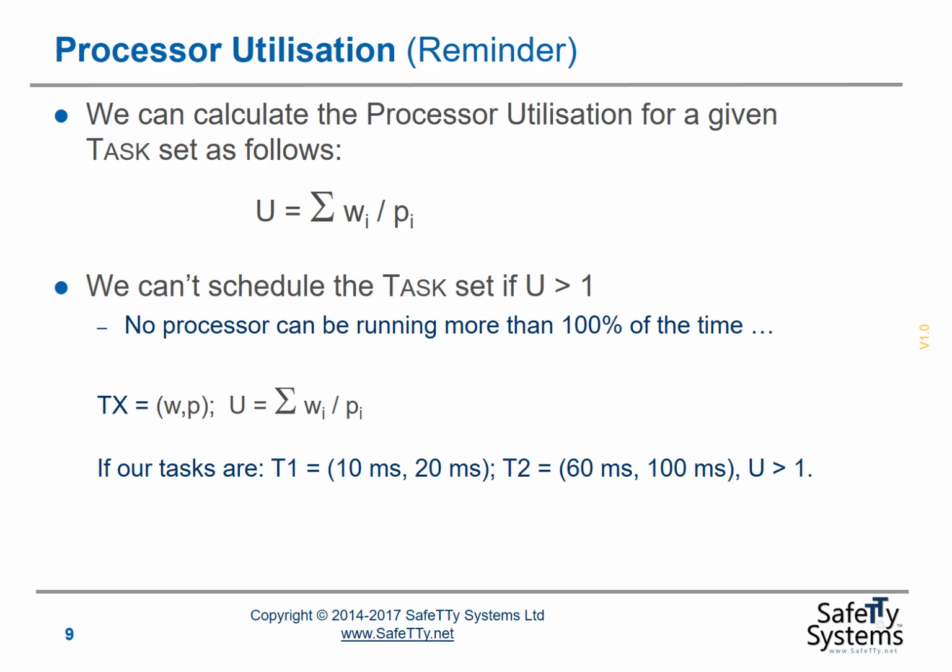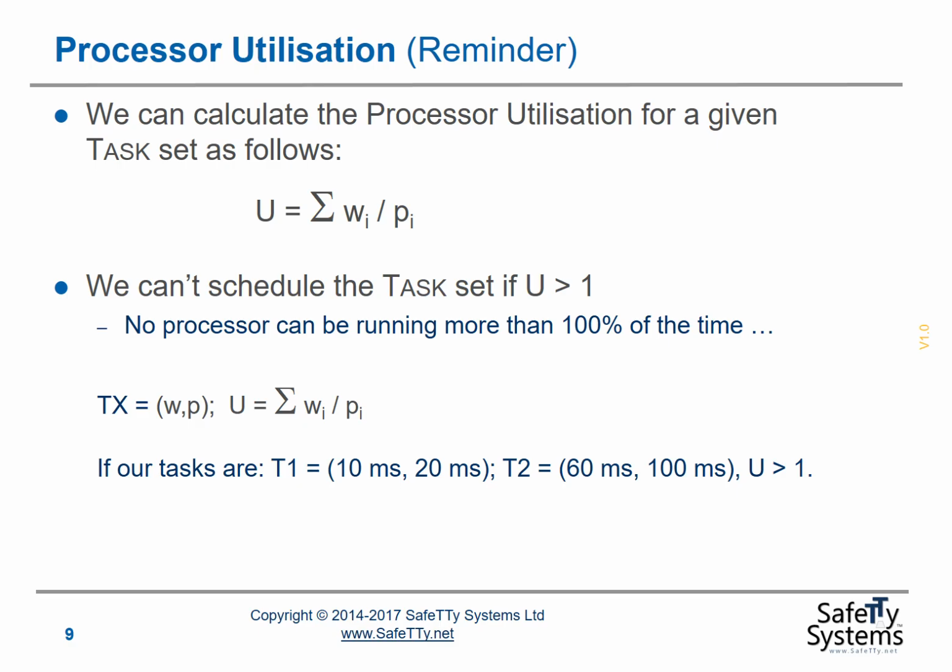Task 2 has a worst case execution time of 60 milliseconds and a period of 100 milliseconds, so it contributes 60% to the processor utilization. The sum of these processor utilizations is greater than 100%, U is greater than 1, therefore we won't be able to schedule this task set no matter what we do.